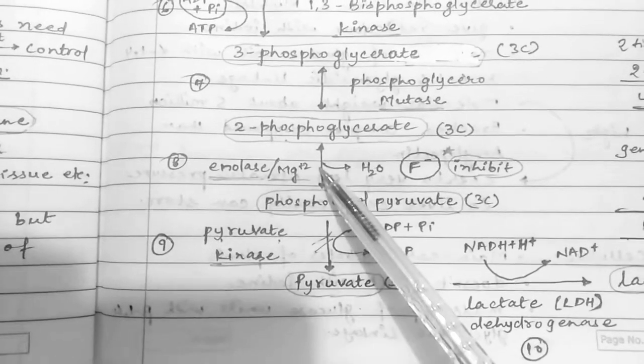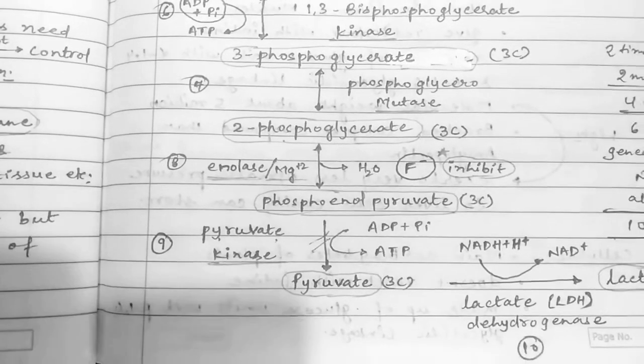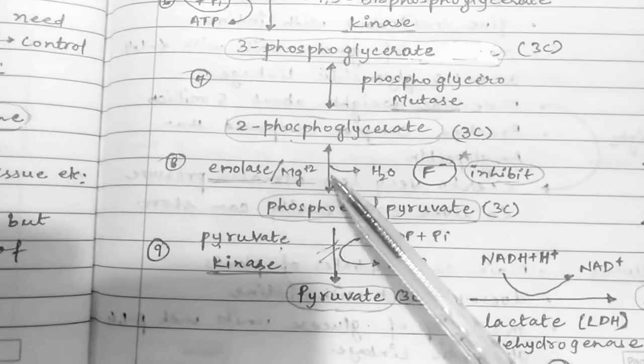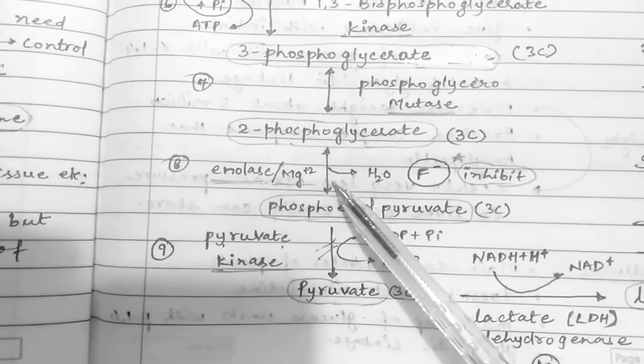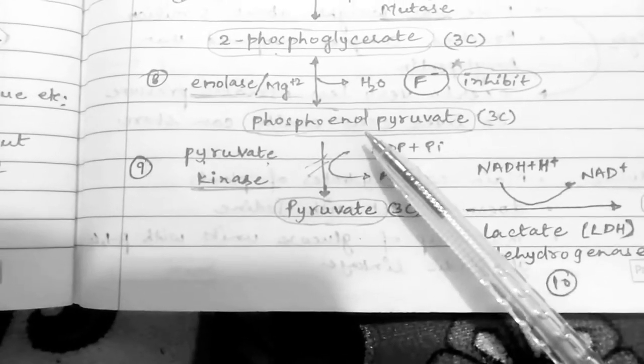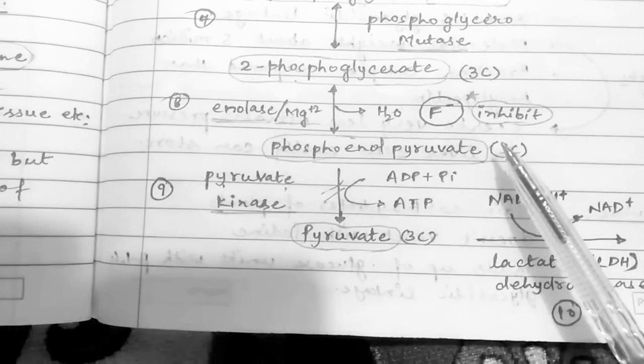In this reaction water is removed from the 2-phosphoglycerate compound, and this is also a reversible reaction. And what is the product name? The product name is phosphoenolpyruvate, and this product also has 3 carbons.